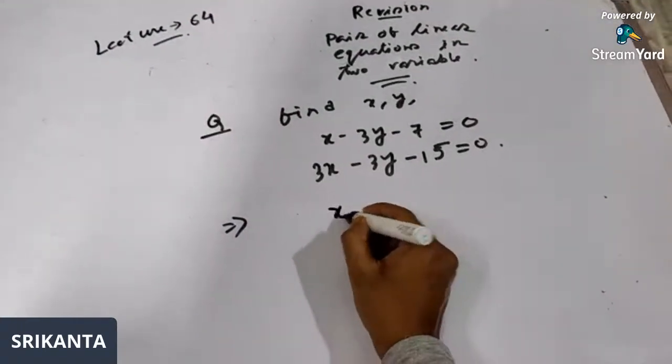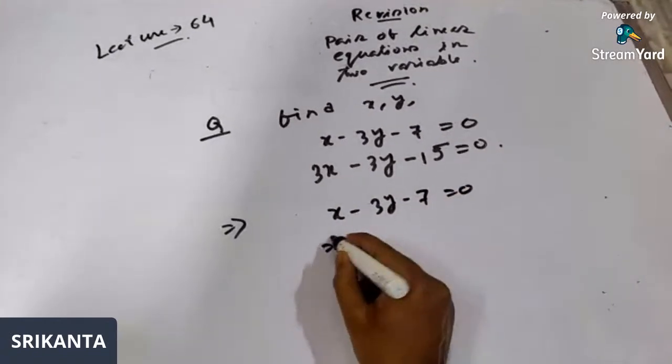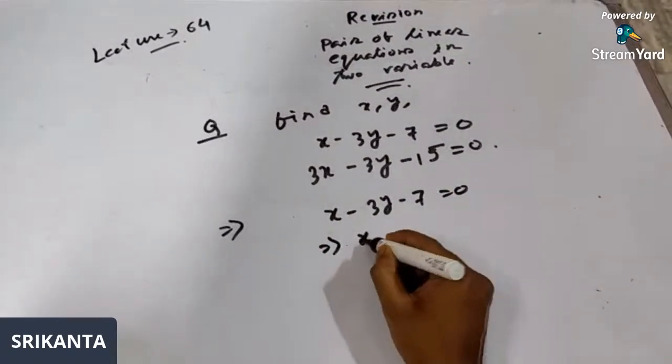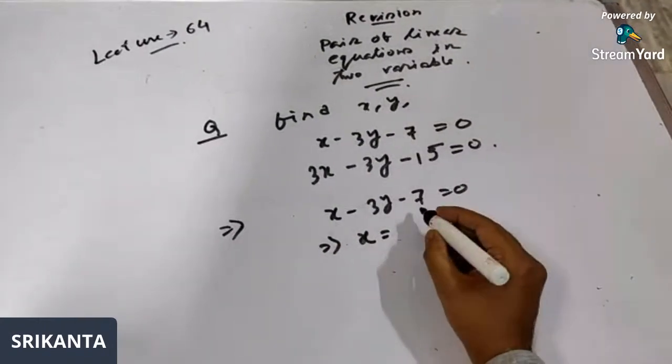At first, you take the given equation, that is equation number 1. Then you find x in terms of y or y in terms of x. It is up to you, right?